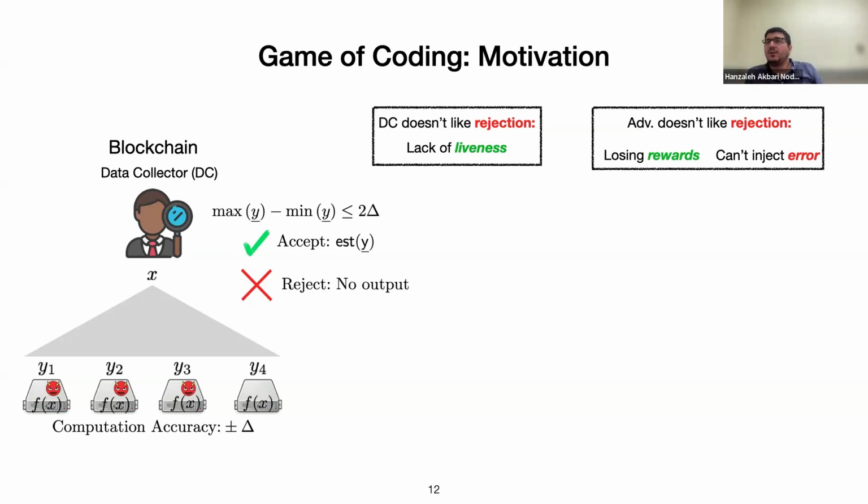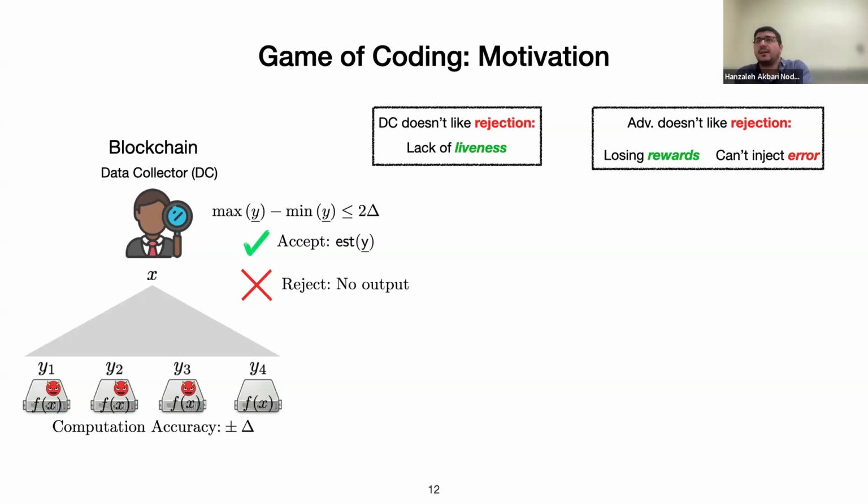When the system is not live, the adversary can't utilize this opportunity. So the adversary wants to keep the system live for 2 reasons. First, receiving some kind of rewards, which is maybe tokens. And then, if the adversary wants to inject some error, the adversary needs to keep the system live.